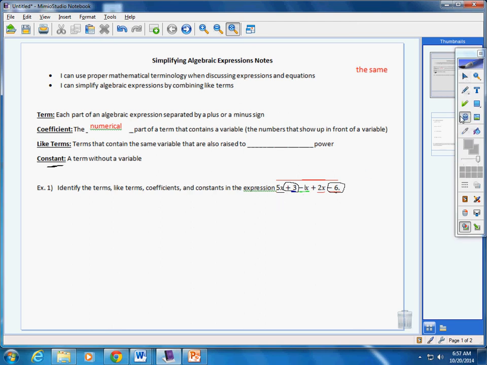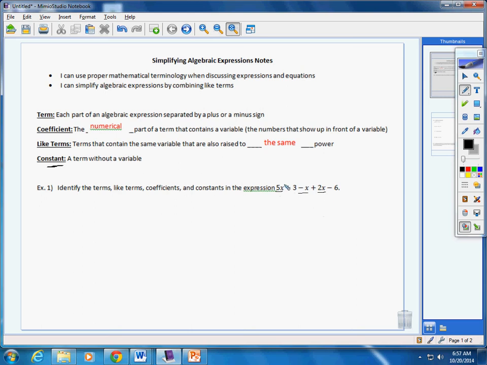And lastly, we have like terms. Terms that contain the same variable that are also raised to the same power. So in our expression down here, fortunately, nothing has a power that's different than 1. So 5x and 2x and negative 1x are all like terms. They have the same variable. Doesn't matter what the number is in front of them.